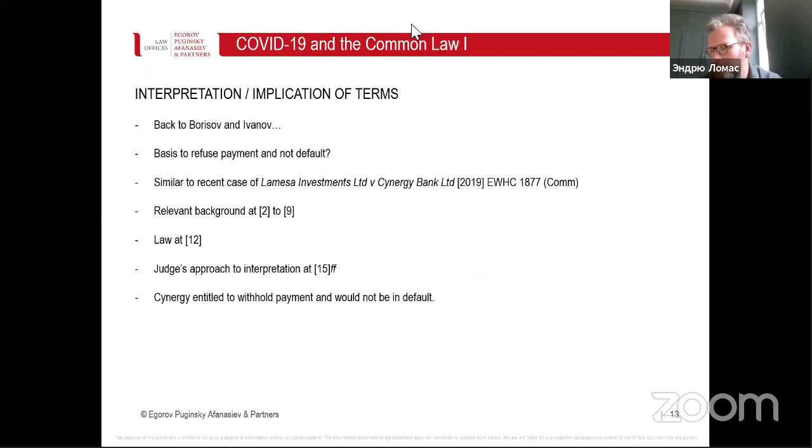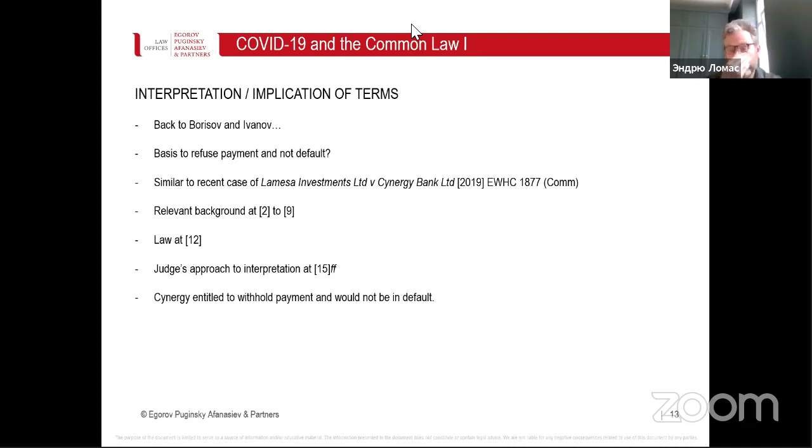And in essence, La Mesa was beneficially owned by Victor Vekselberg. And Synergy was carrying on business as an English retail bank. It didn't have any real connections to the USA, but like a lot of English banks, it was only able to carry out dollar-denominated transactions by having relationships with correspondents in the US, with US banks.